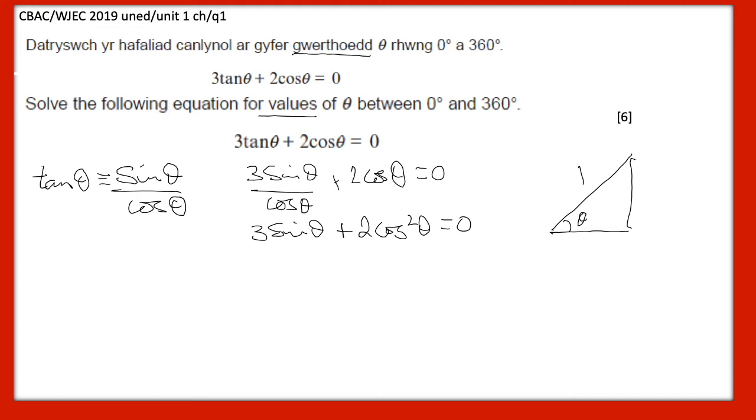Then the sine of theta will be the opposite side over 1, so the opposite side must be sine theta, and the adjacent side here will be cos theta, because cos of theta is the adjacent over the hypotenuse.